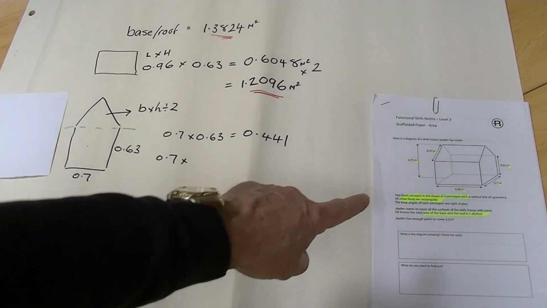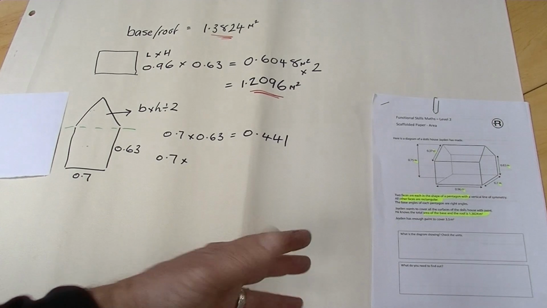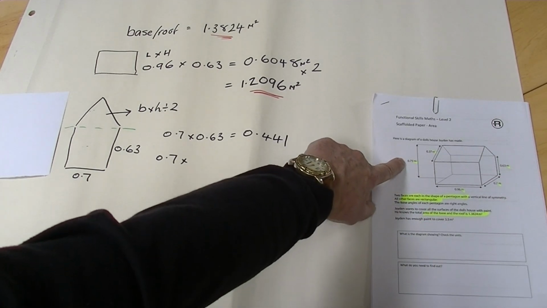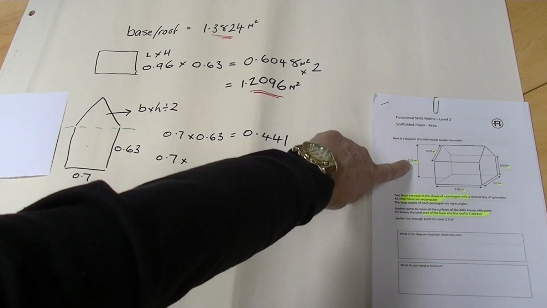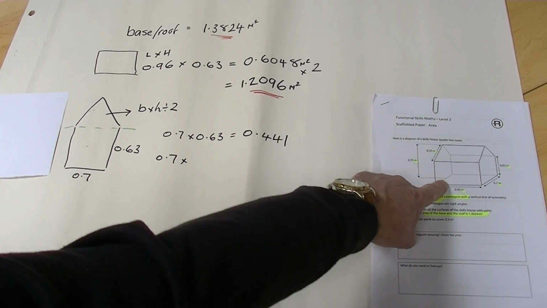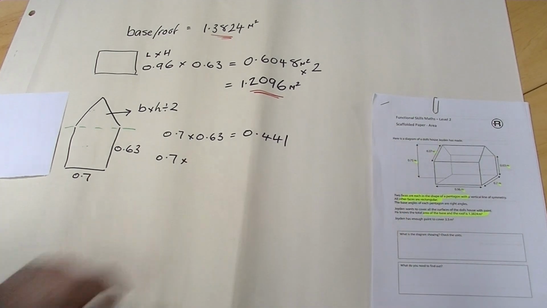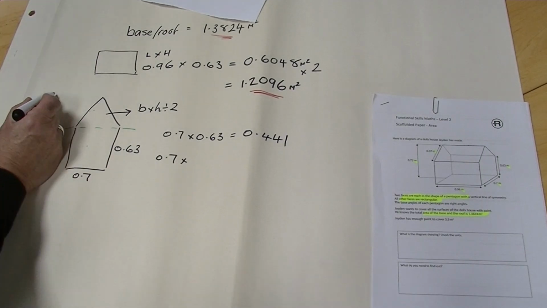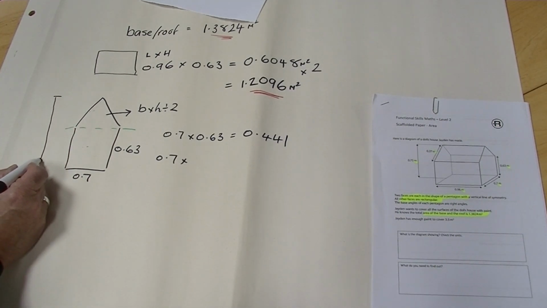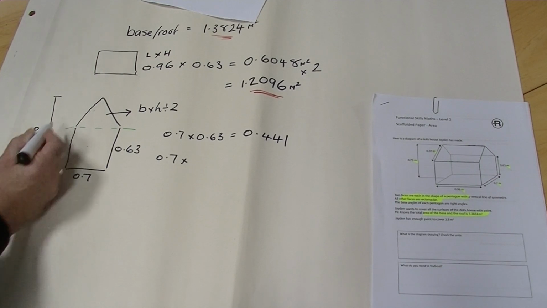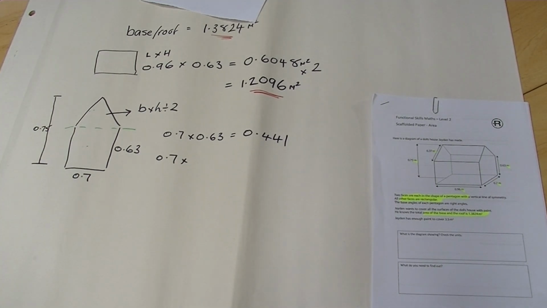So back to the original picture, and we can see on the left hand side of the diagram this number 0.75, and you can see that that goes from the base of the house to the tip of the roof. So in other words, that bit is 0.75.